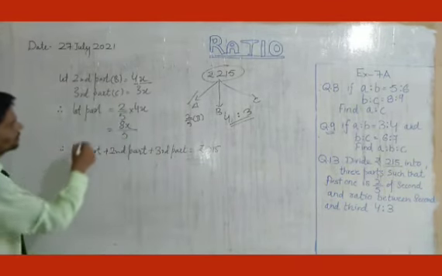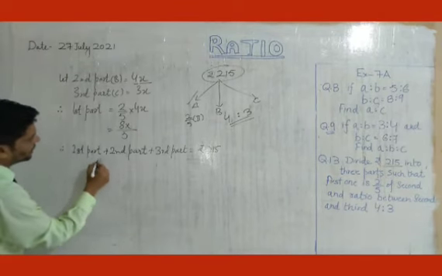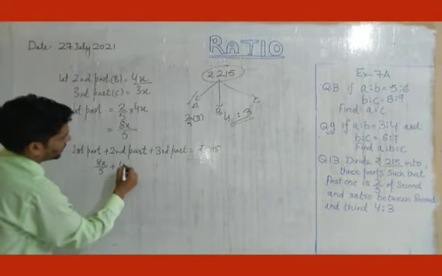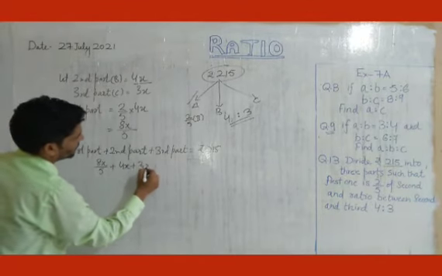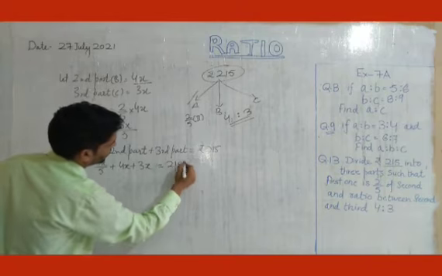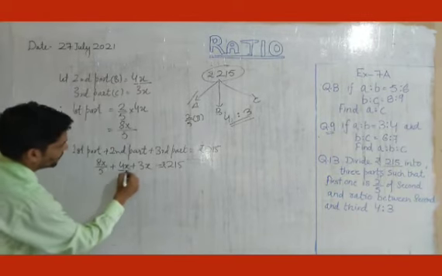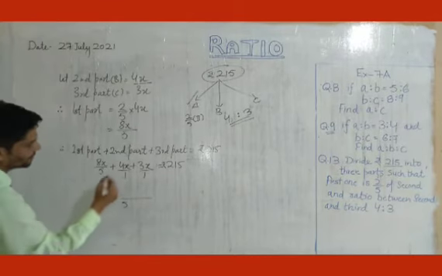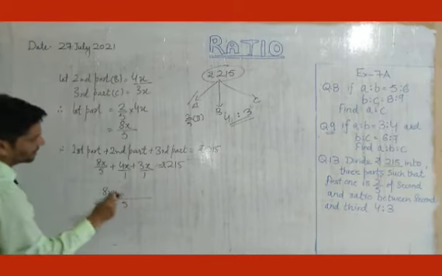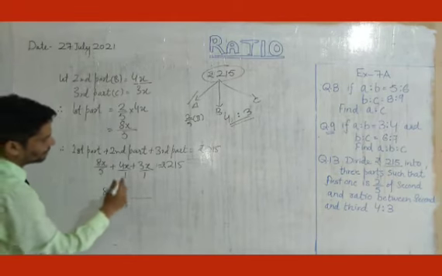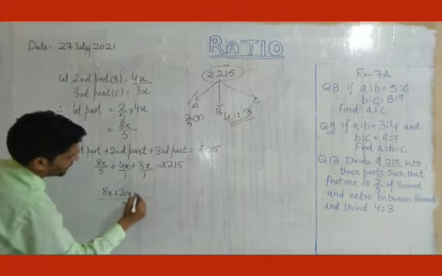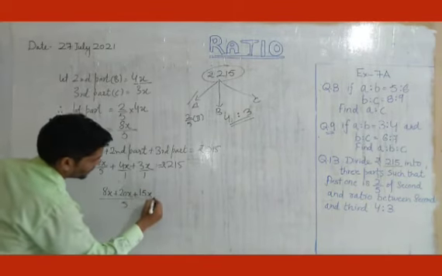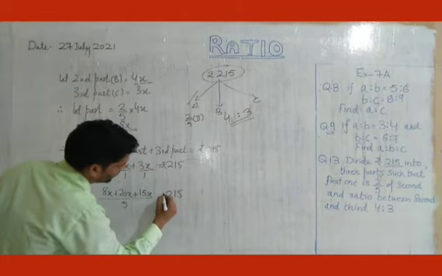So add these all: 8x by 5 plus 4x plus 3x is equal to 215 rupees. Now take the LCM, which is 5: 8x plus 5 times 4x is 20x, plus 5 times 3x is 15x, is equal to 215.